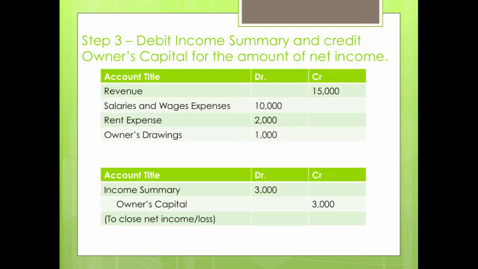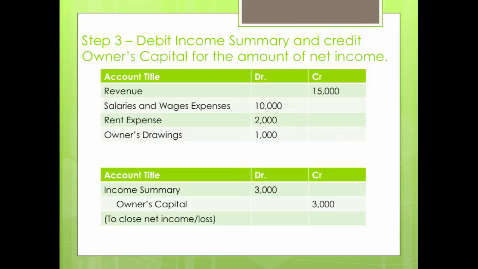In this case, we know that the revenue for this accounting period totaled $15,000, and we know that the expenses amount to $12,000. So to determine the net income, we subtract revenues minus expenses, or $15,000 minus $12,000, to determine the net income to be $3,000.